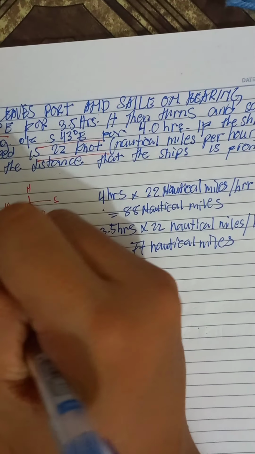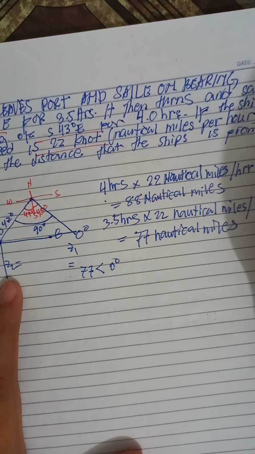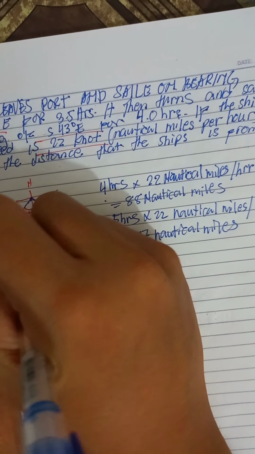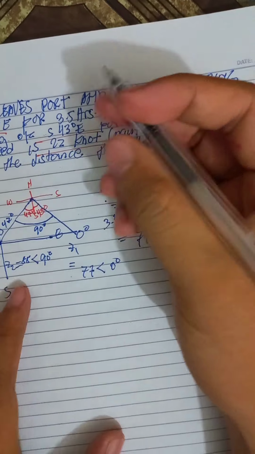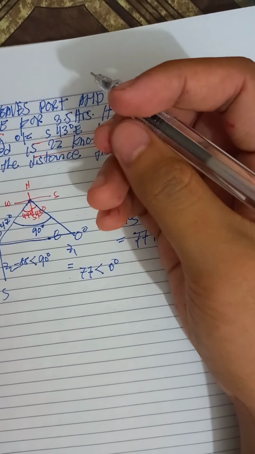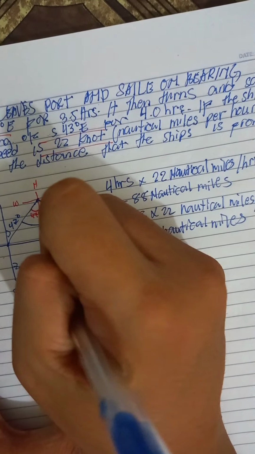And z2 equals 88 angle of 90 degrees. So we have to get the value. This will be x.